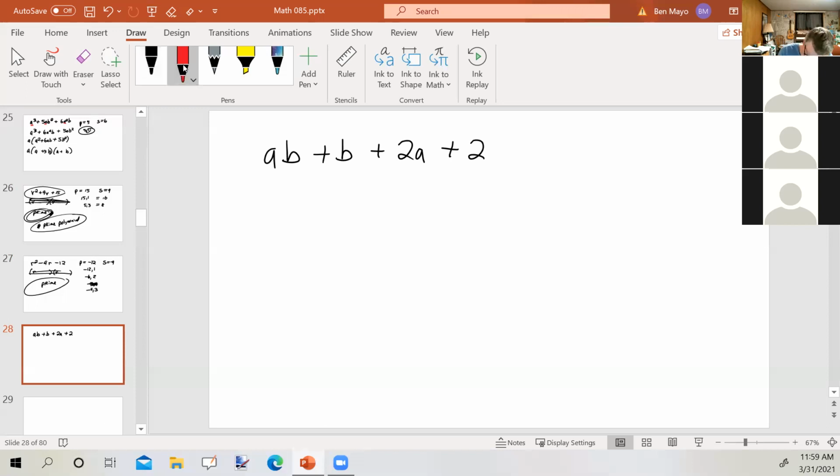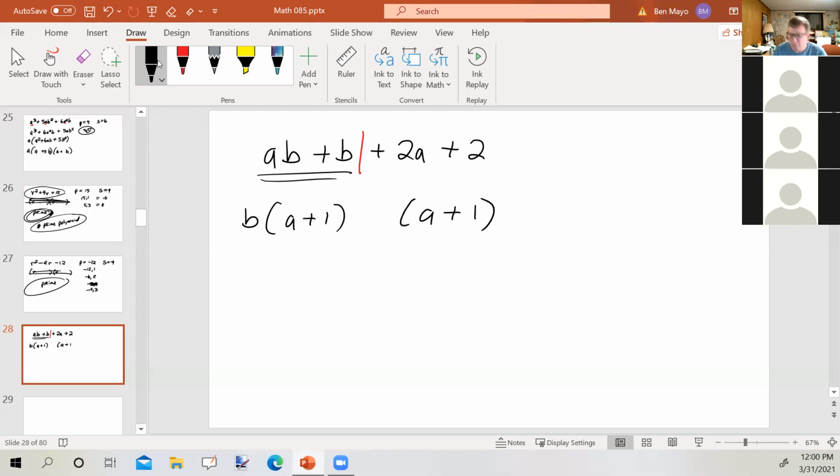So let's split it up into 2 groups of 2. The greatest common factor of the first 2 terms is B, and the leftovers are A plus 1, which means the leftovers on the second group should be A plus 1 if I'm going to get this to continue. And sure enough, if I take out a plus 2, I can get plus 2A plus 2, so that works.